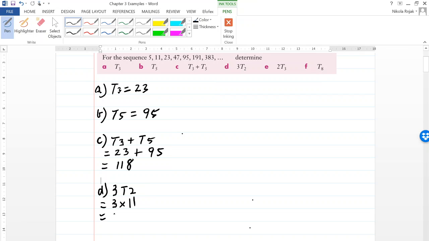So 3 times 11 is 33. Question E. 2 times T3. All right, so we've got 2 times term 3, which was 23, which is 46.